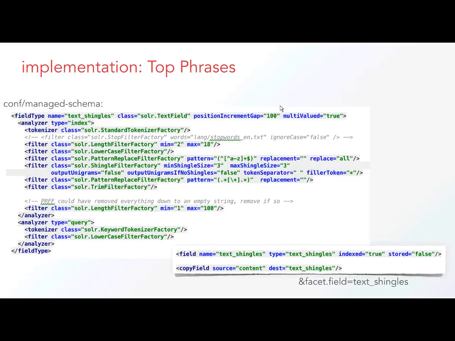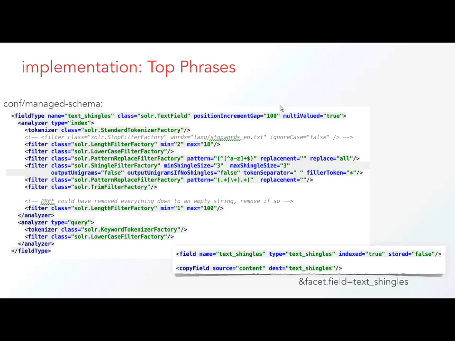It illustrates some interesting features of analysis right now with the pattern replace and with the shingle filtering going on and so on, as well as what to do with query time considerations when at index time shingles were made and so on, because we don't need to shingle the query itself. We simply use the keyword tokenizer factory and lowercase the query terms for query time parsing.